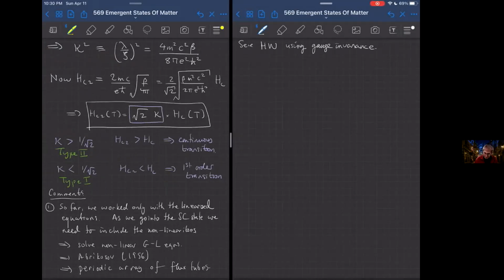And what is the physical interpretation? Now, I've mentioned this before, but I think it bears repeating.